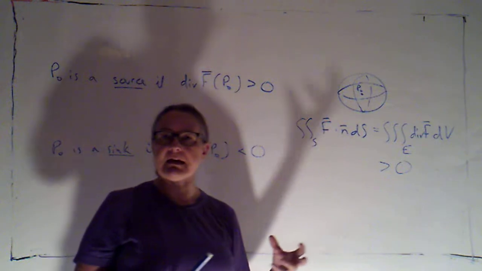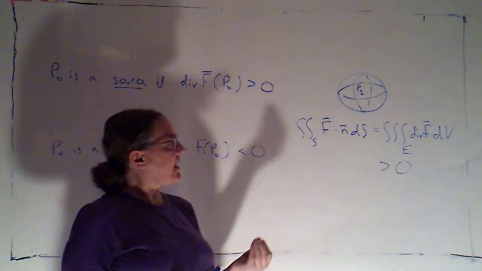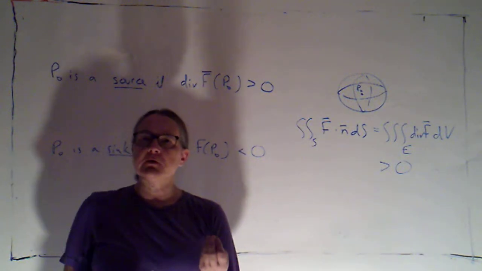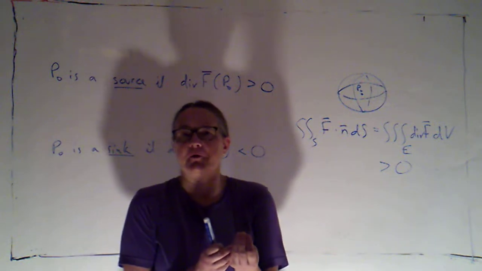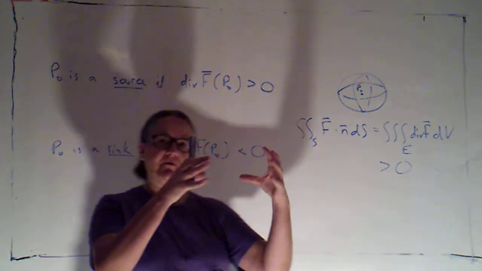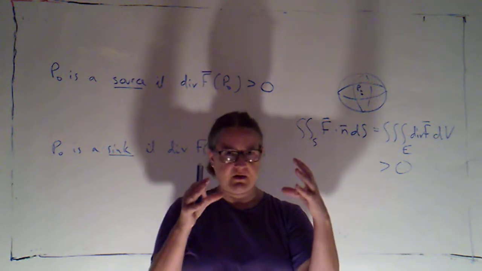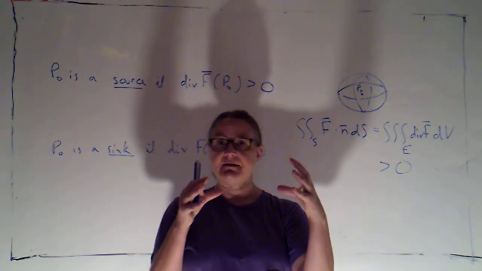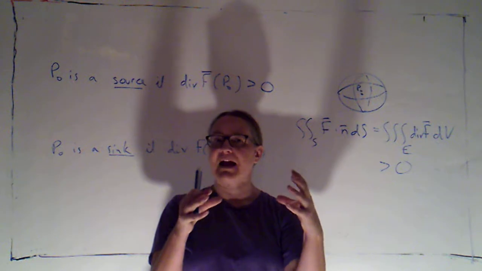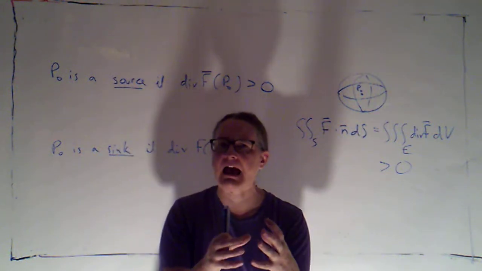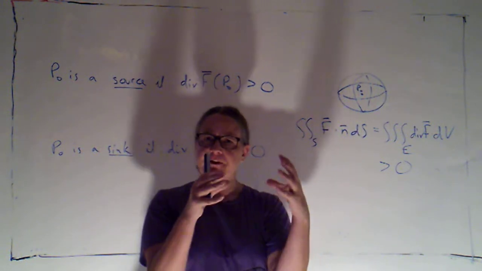But in the context of fluid flow, most fluids are what we call incompressible. So a certain volume of that fluid is going to contain a certain amount of that fluid, and that's going to have a density function, so it's going to be a certain amount of mass. I can't suddenly have more stuff inside.